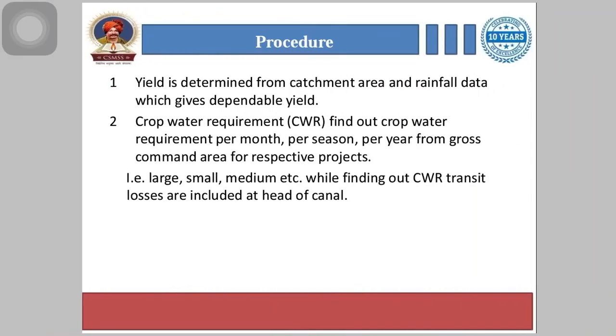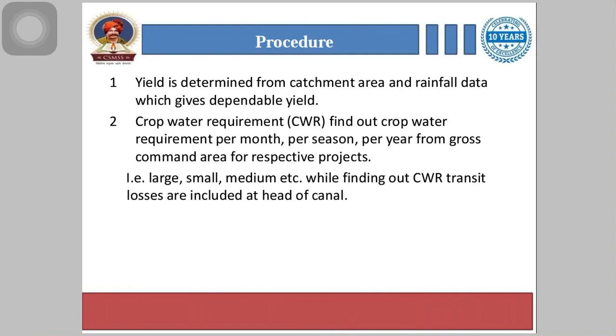Yield is determined from catchment area and rainfall data, which gives the dependable yield. Next, find out crop water requirement per month, per season, per year from gross command area for respective projects, like large, small, medium, etc.